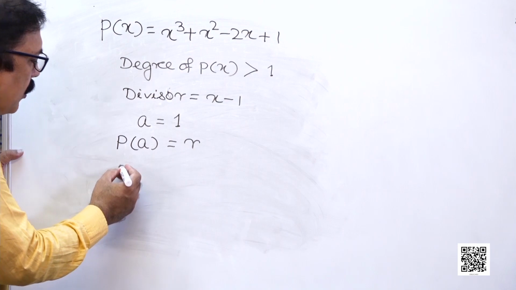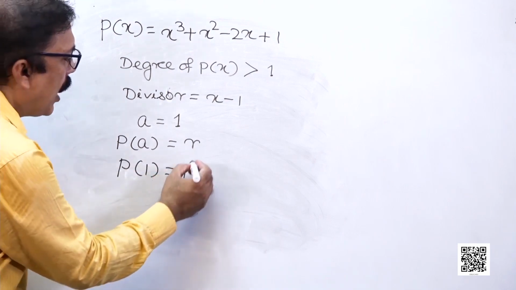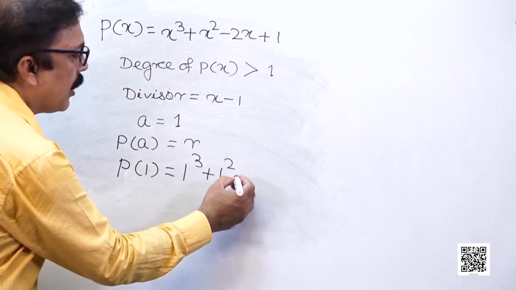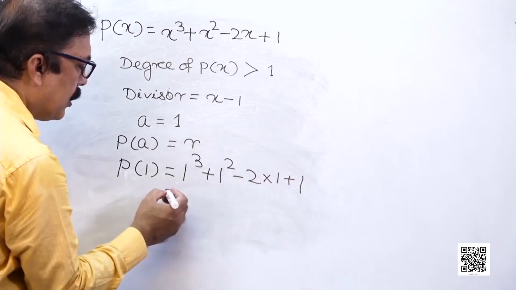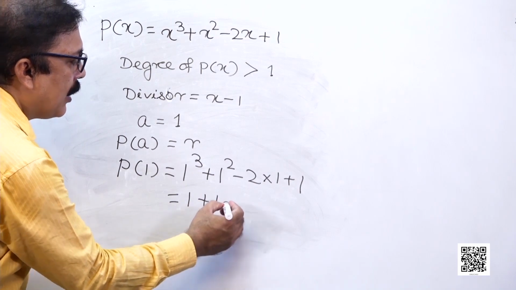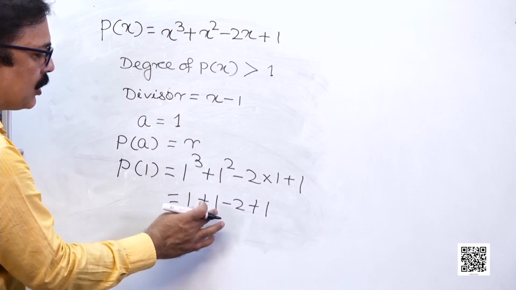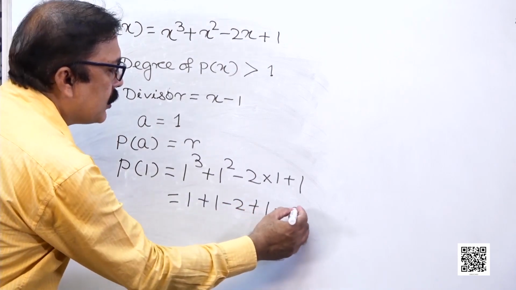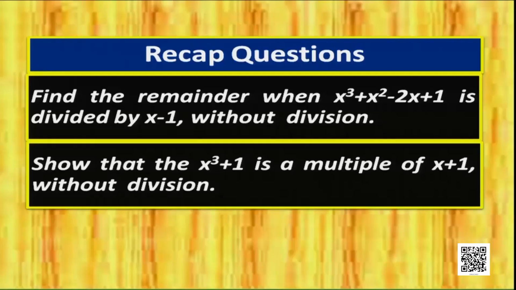That means P(1) is equal to 1 to the power 3 plus 1 square minus 2 into 1 plus 1, and this is equal to 1 plus 1 minus 2 plus 1. 1 plus 1 minus 2 is 0. So the result is 1. So the remainder is 1.